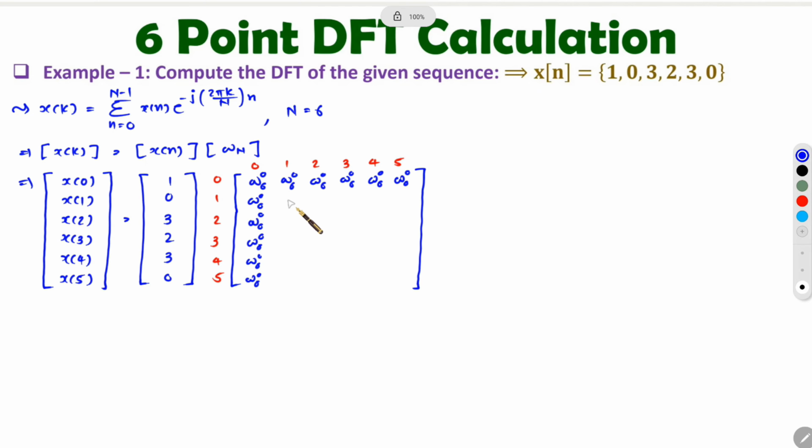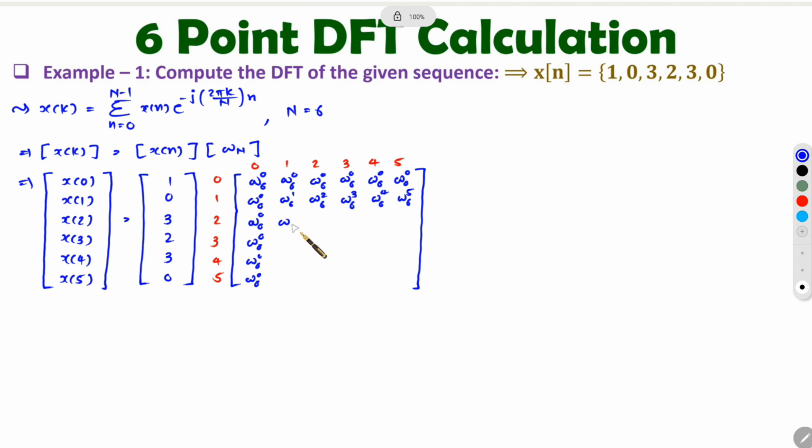But over here if you observe W6, then that is having power of 1 into 1, that is 1. Over here it is 1 into 2 means 2. Over here it is 1 into 3 means 3. Over here it is 1 into 4 means 4. Over here it is 1 into 5 means 5.